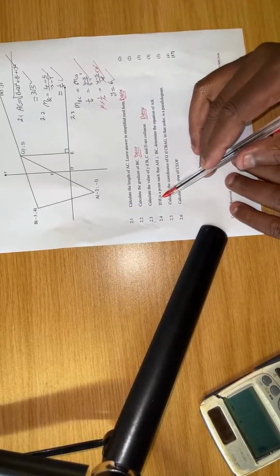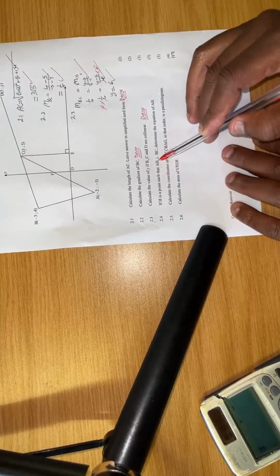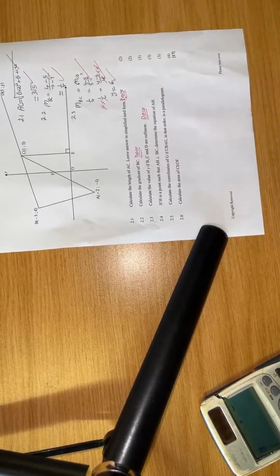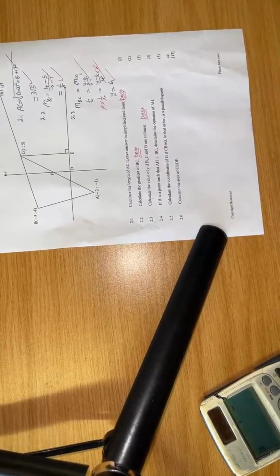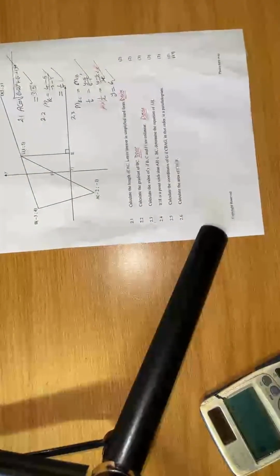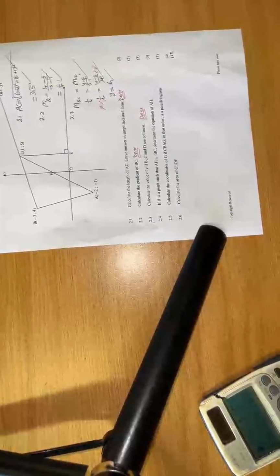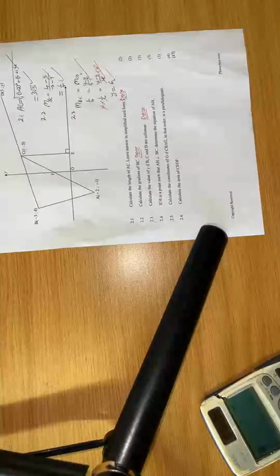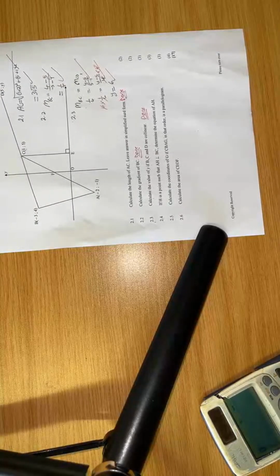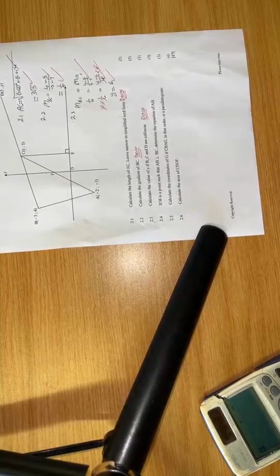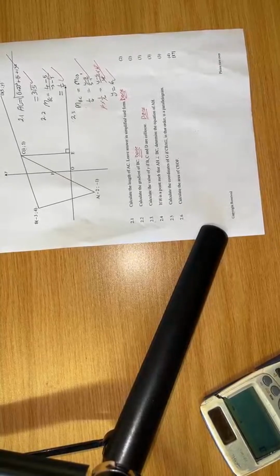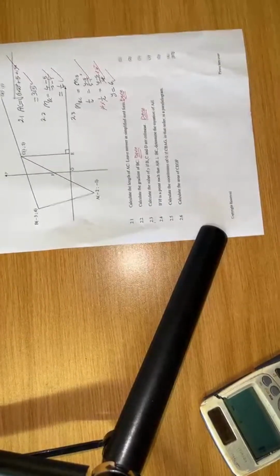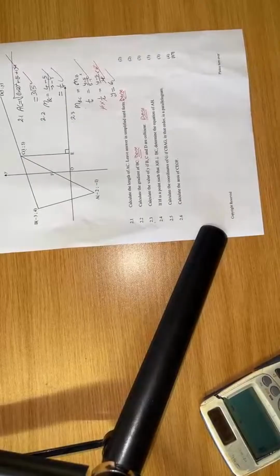2.4, they are saying if H is a point such that AH is perpendicular to BC, determine the equation of AH. Perpendicular line. If we're talking about perpendicular lines, know that perpendicular lines form a 90 degrees angle. I'm looking for a ruler here so that I can construct the line of AH so that you can see what I'm talking about.